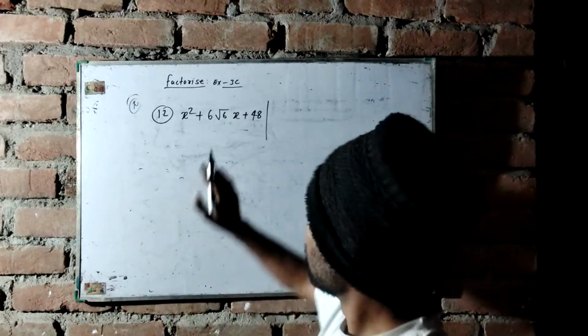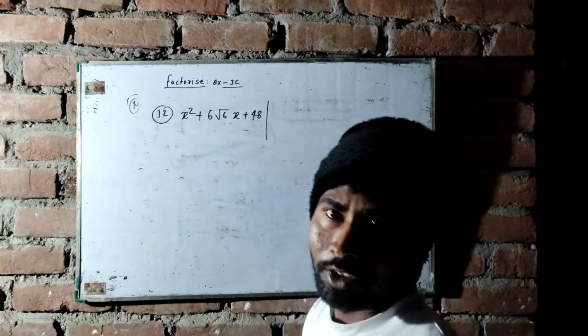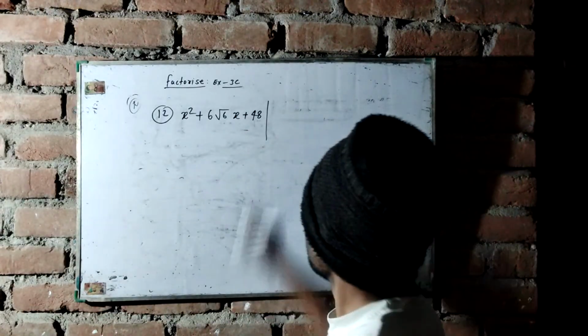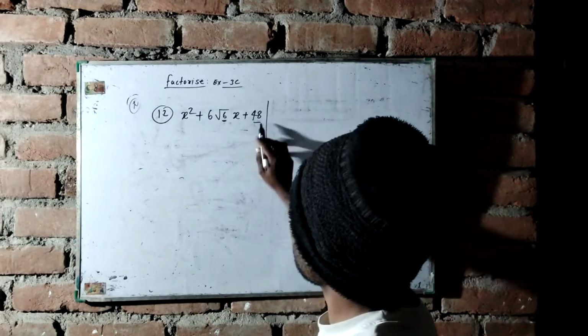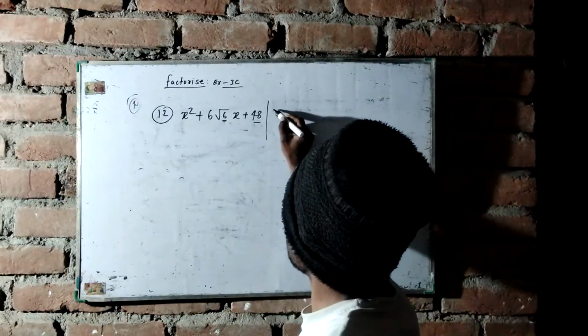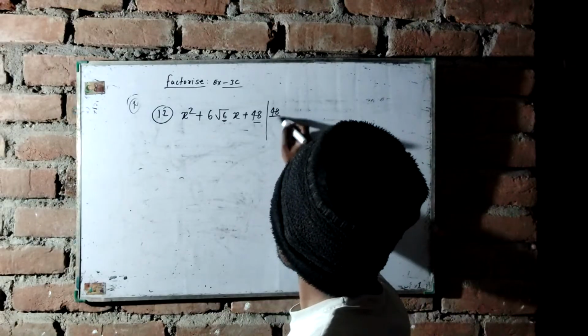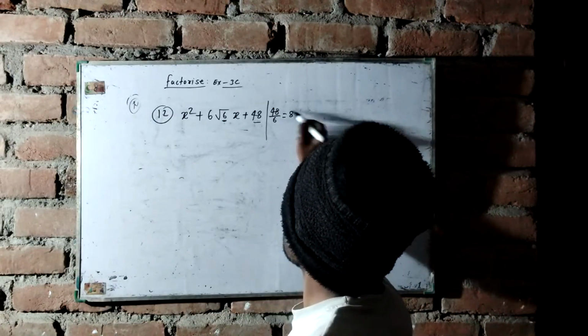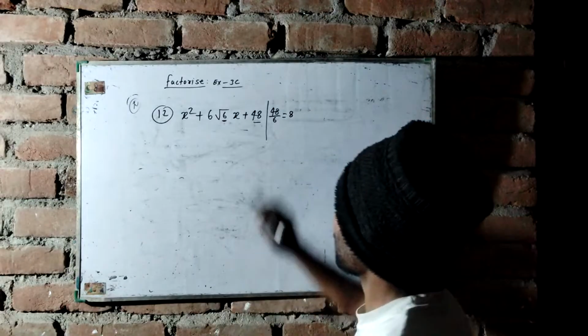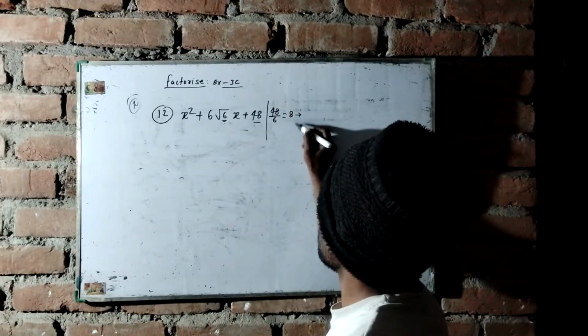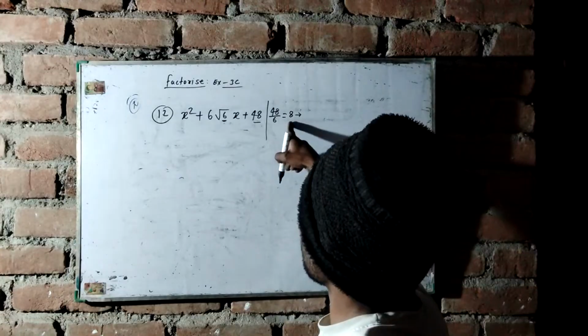To solve this polynomial easily, we have to divide 48 by 6. After dividing 48 by 6, we get 8 as a quotient. Now, we have to write all factors of this quotient, that means all factors of 8.